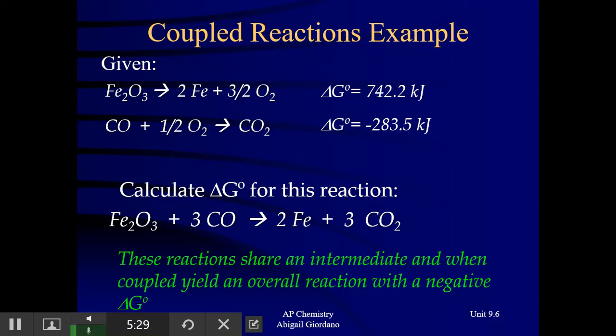Because these reactions share an intermediate, when they are coupled together, it's going to yield an overall reaction with a negative delta G, which is going to result in the overall process being favorable.